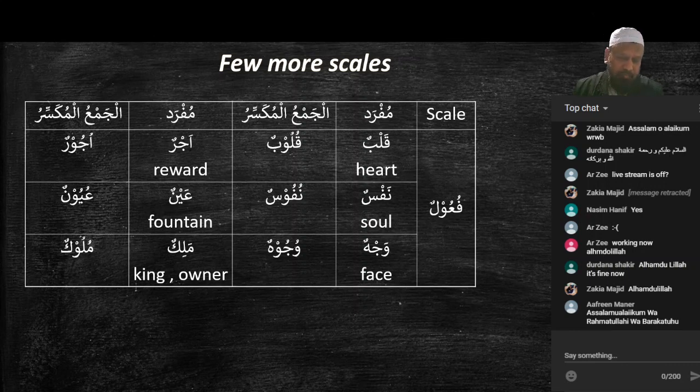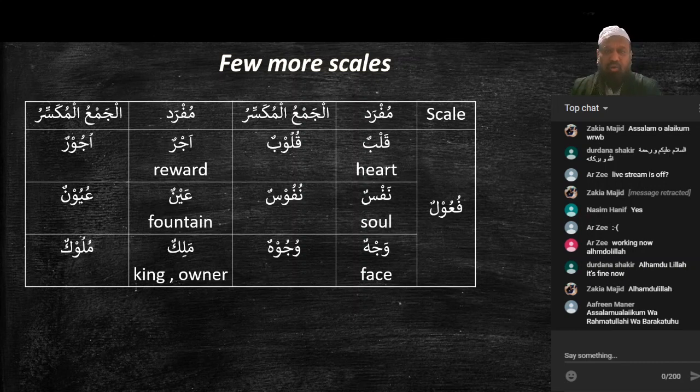So in our notes we have more scales, you can look in there. Next, Wajhun, face, falls under this scale, Wujuhun. Malikun, king or the owner, falls under this scale, Mulukun. Again, if you don't remember the scales, don't worry, as long as we learn the Jama of every ism when we learn the Mufrad ism.